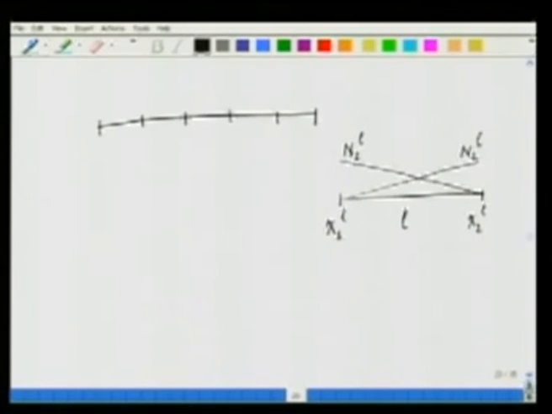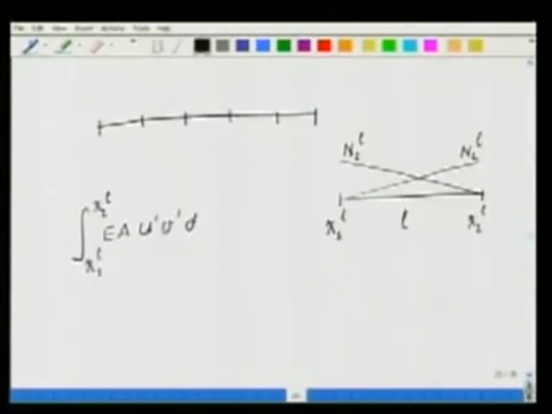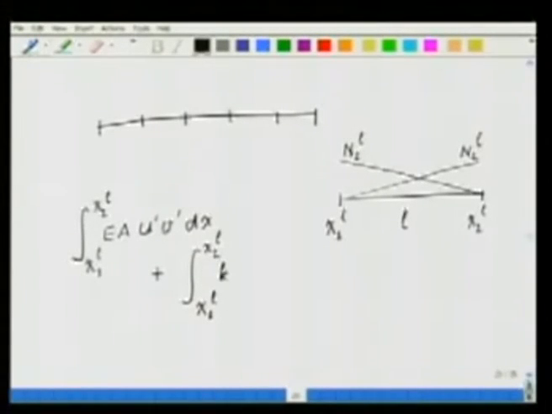What we are going to change is that, look at the element level. So x1 L to x2 L, you are going to evaluate this guy, plus now you are going to evaluate this contribution also. Okay.